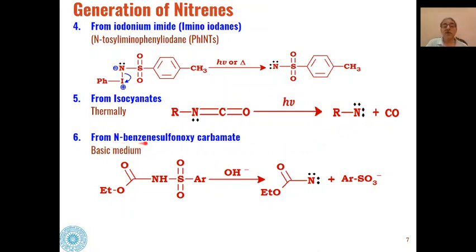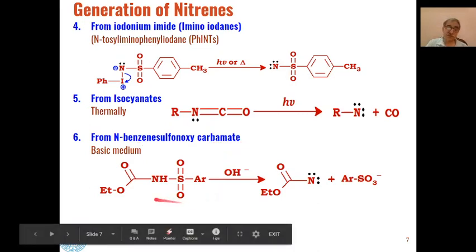Then from N-benzenesulfonoxycarbamates, so these types of compounds, this is the benzene sulfonyl group, and this part is called the carbamate group.